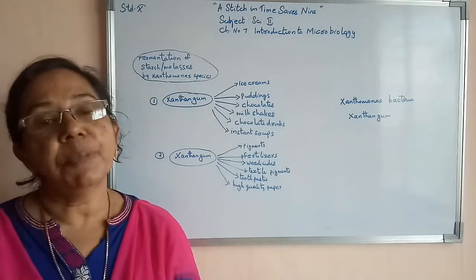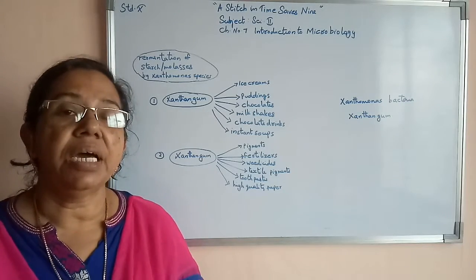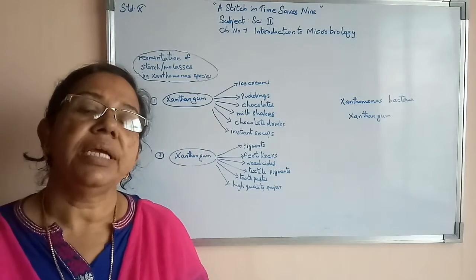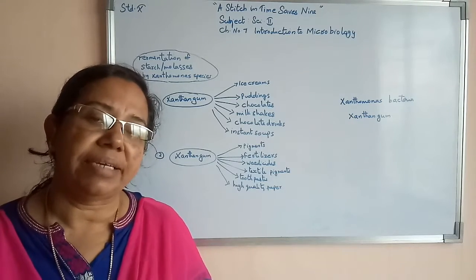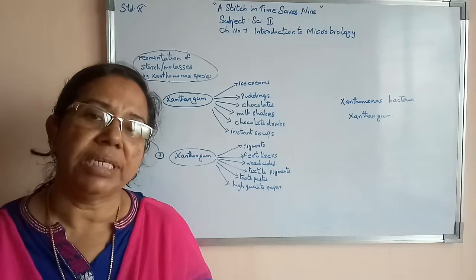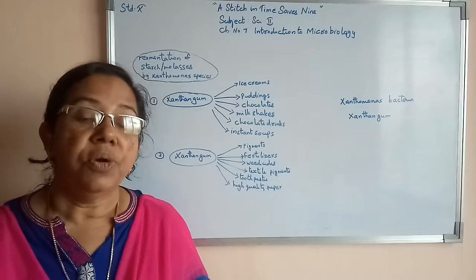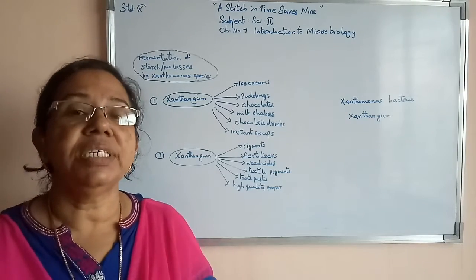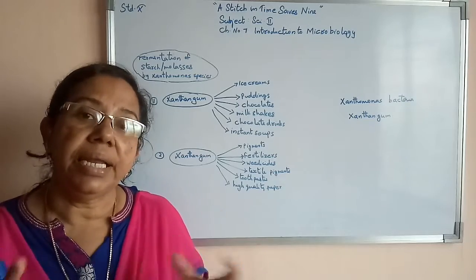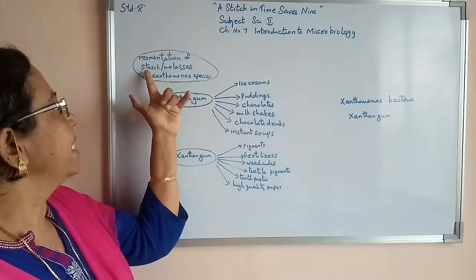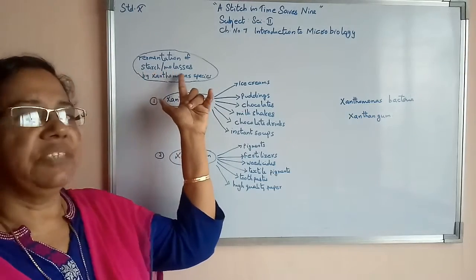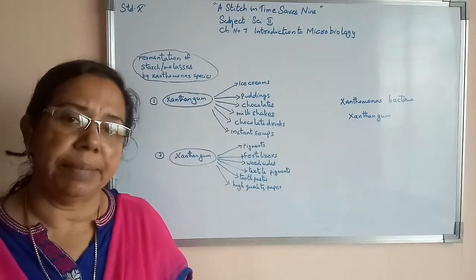Now, for the production of xanthan gum, we are using a particular type of bacteria. That bacteria is known as Xanthomonas. We can grow Xanthomonas bacteria in a medium, a starch medium as well as a molasses medium.